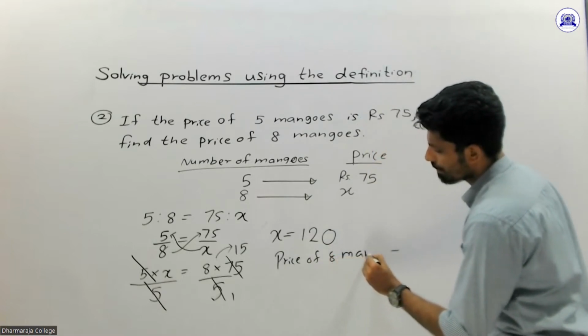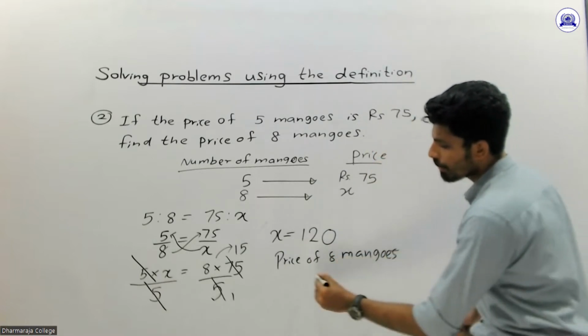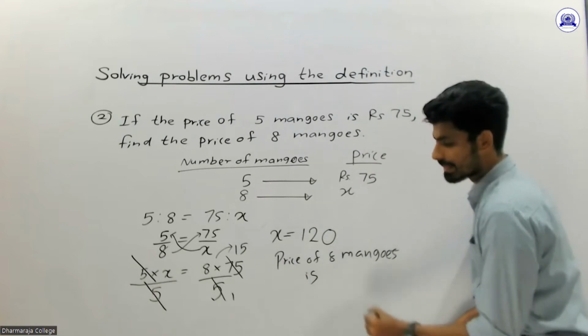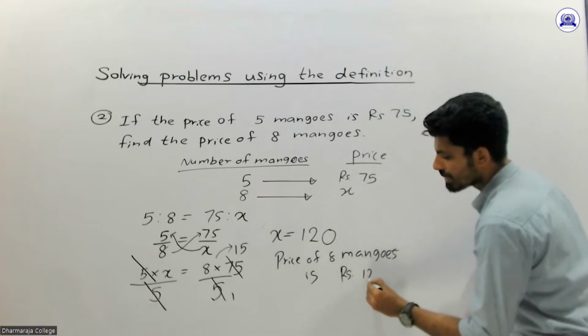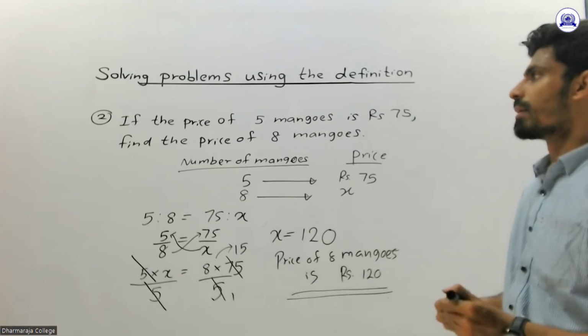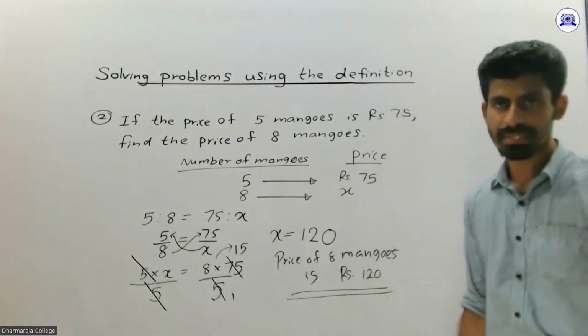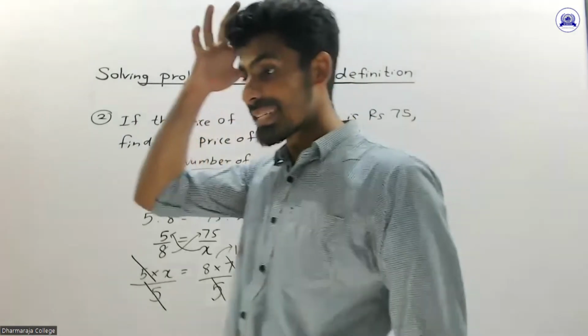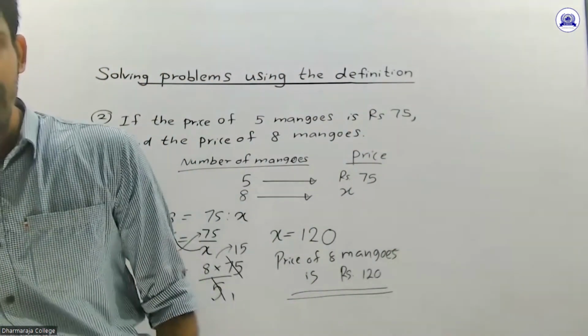Right? The price of 8 mangoes is 120 rupees. So this is the second example, right?